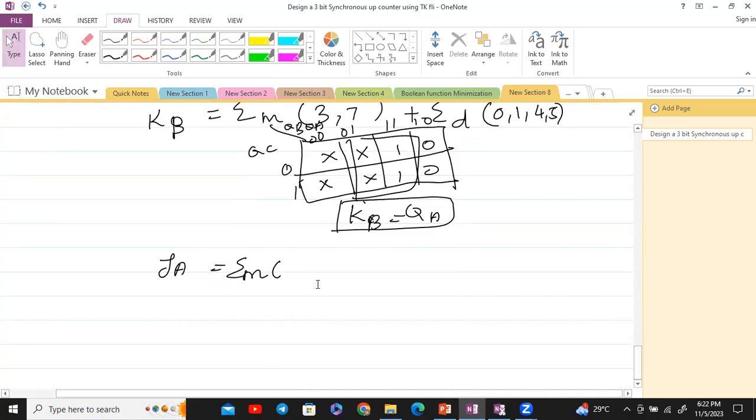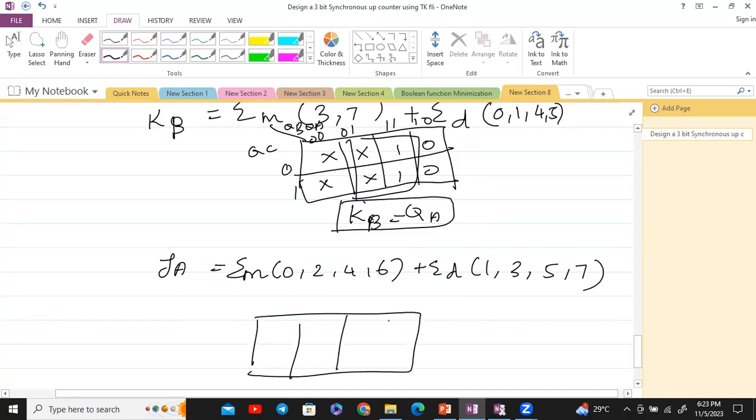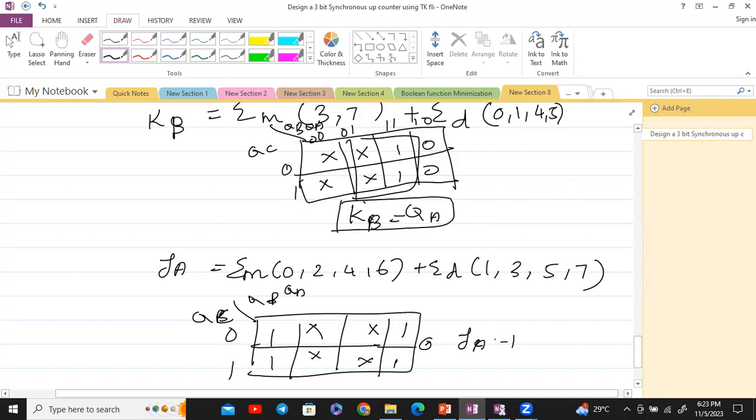So alternatively, we have these min terms corresponding to 0, 2, 4, 6, and don't care is 1, 3, 5, 7. Okay. So you have all the values to be included in your K map. Remaining all are don't care, so we can group all the things. So what is the value of JA? JA is equal to 1.